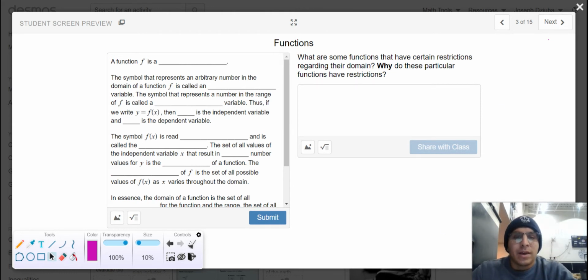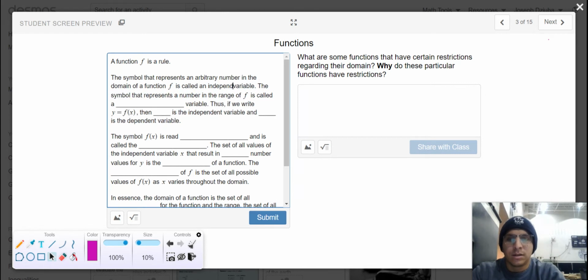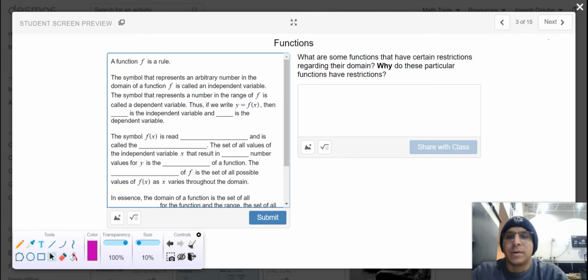All right, so we have a doozy of vocabulary for this particular slide. We can say that a function f is a rule. A symbol that represents an arbitrary number in the domain of a function f is called an independent variable. The independent variable you as the user have ownership over. The symbol that represents a number in the range of f is called a dependent variable.